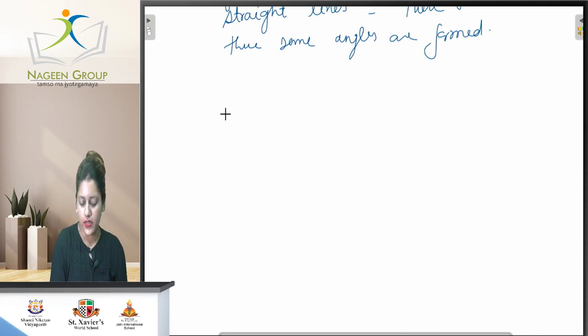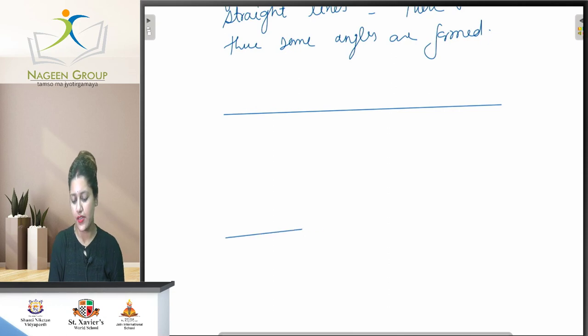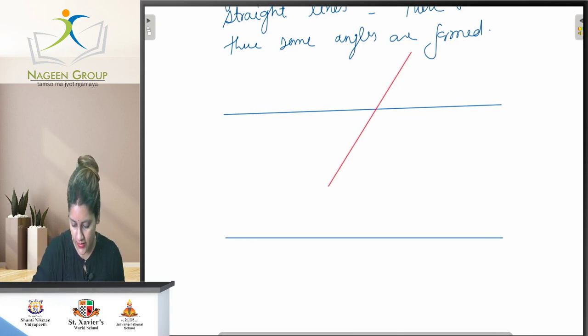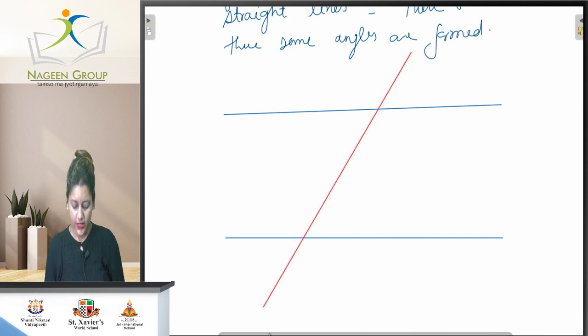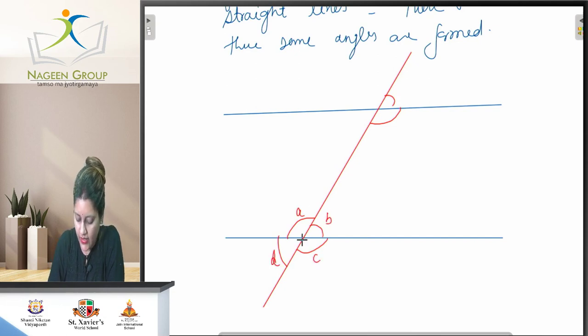Like there are two lines, first one straight, second one straight, and this one is the straight line falling on them. Then how many angles are there? This one, this one, this, and this. They are A, B, C, D, E, F, G and H.